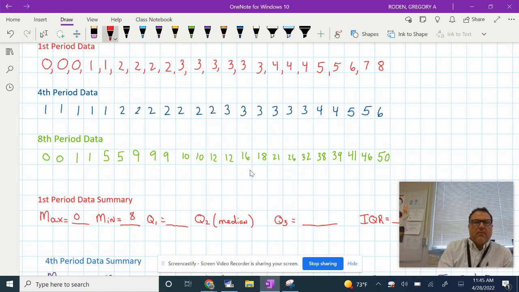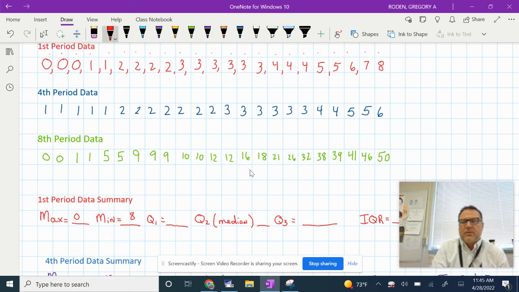Now I have to find my Q2, my median. The way I do it is I count: 1, 2, 3, 4, 5, 6, 7, 8, 9, 10, 11, 12, 13, 14, 15, 16, 17, 18, 19, 20, 21, 22. I have 23 numbers here. So 22 divided by 2 is 11.